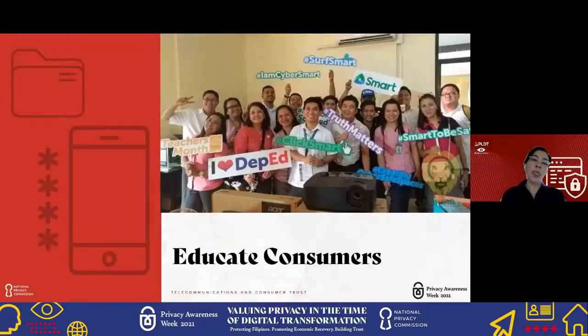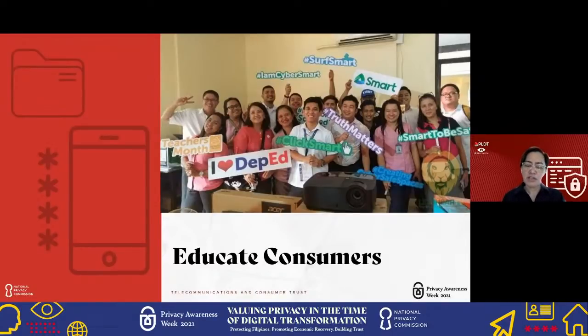Next slide. And then of course, this program started, I believe, in 2019. This is what we call the Smart Caravan. This is a cyber caravan, smart cyber caravan, but we're just calling it cyber caravan already.